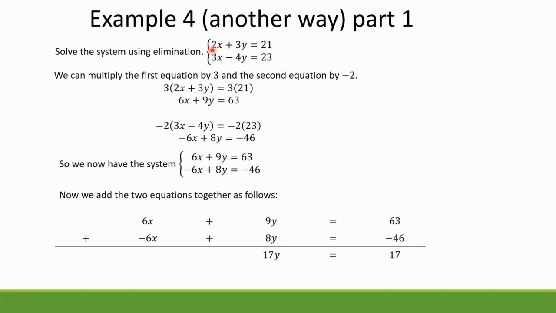But notice that if I multiplied the first equation by 3 and the second equation by -2, first equation by 3, right?